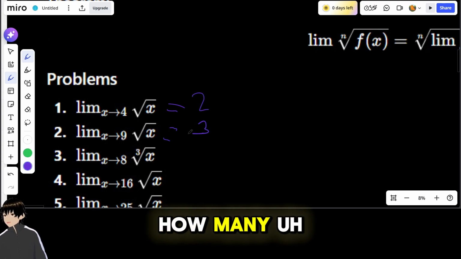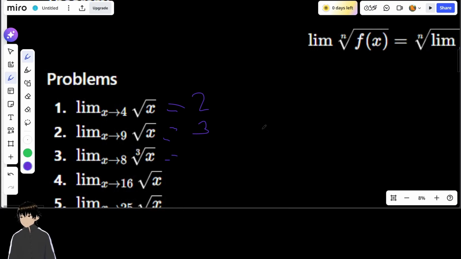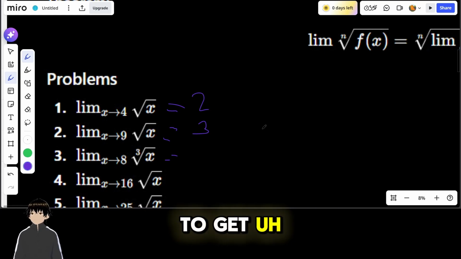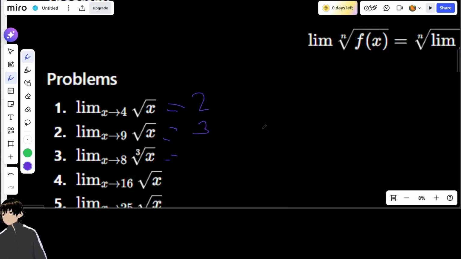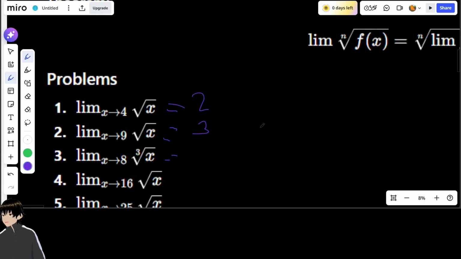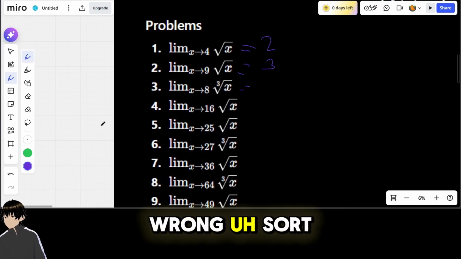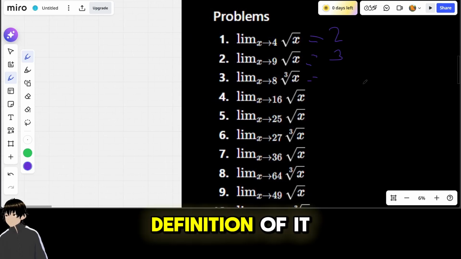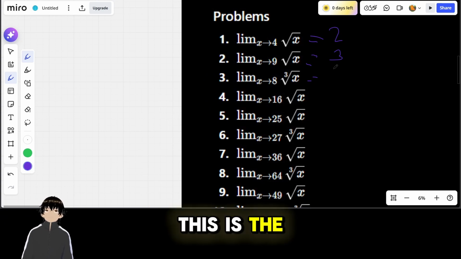How many times do you have to multiply 3 times in order to get 8? I know the answer is going to be 2.